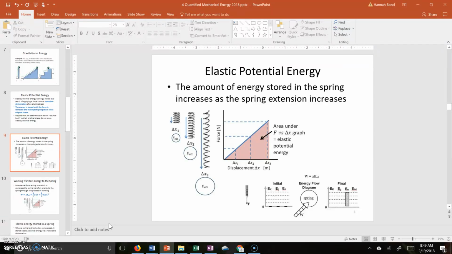So as more force was applied so that the end of the spring was displaced further, there was more energy being stored in the spring. And that's represented here by the pie of energy getting larger as the spring is stretched further.